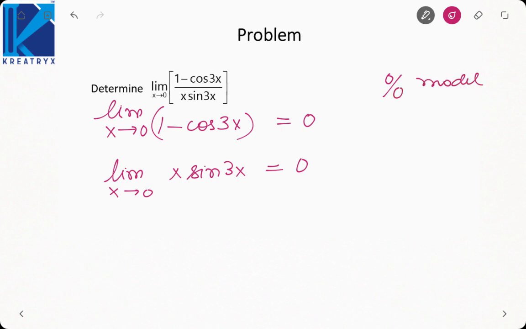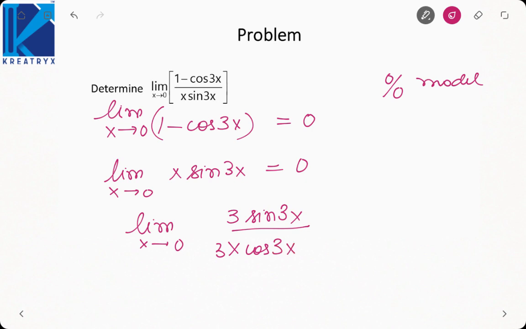If you differentiate the numerator and denominator, it will be the limit as x tends to 0 of 3 sin 3x over (3x cos 3x + sin 3x).